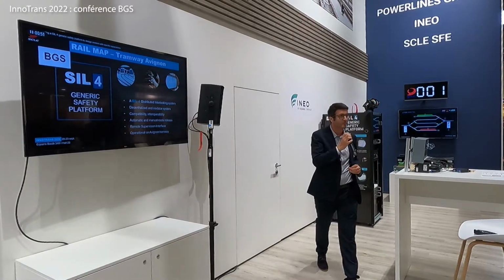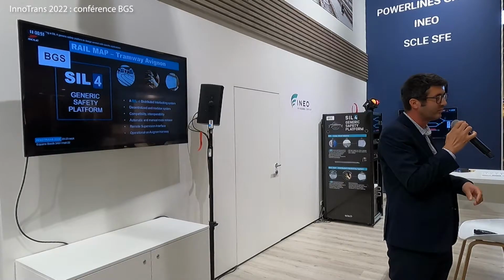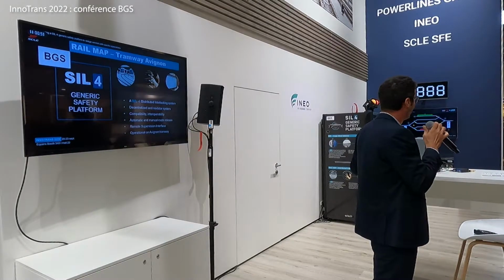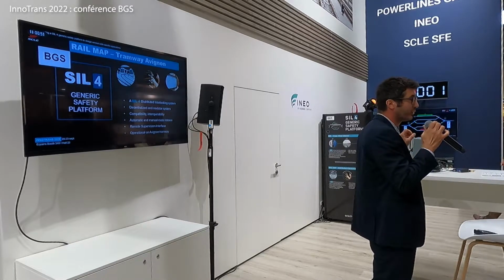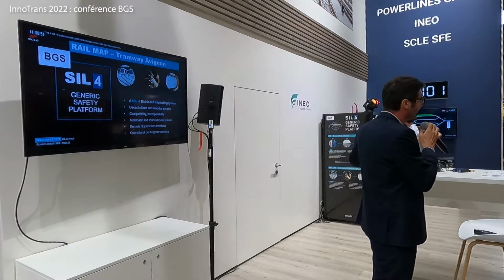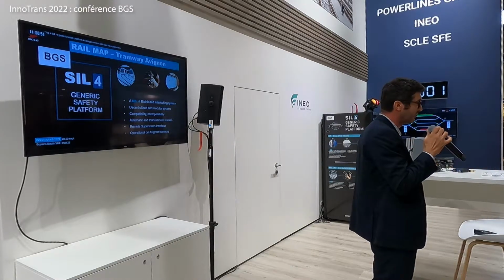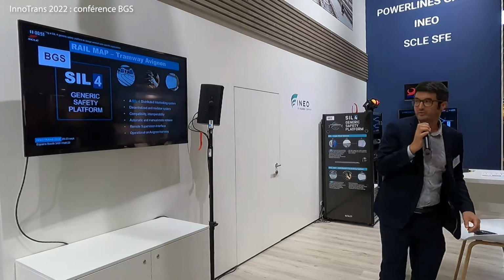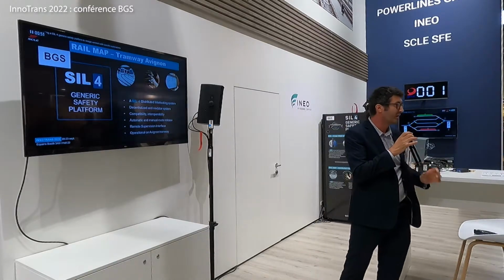It was designed for SEA, the high-speed line between Tours and Bordeaux. It's a SIL4 system using our safety platform, and we did the whole system design and the whole system production also. We produced all the cabinets, we wired the cabinets, and the only thing we did not do was the on-site installation.